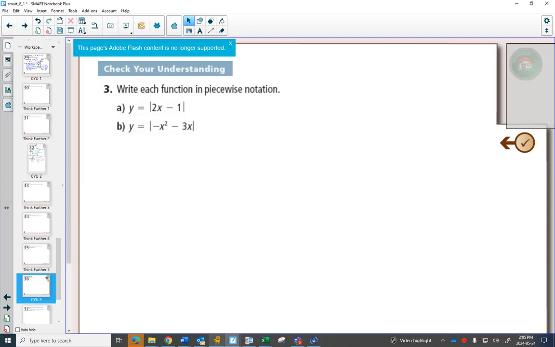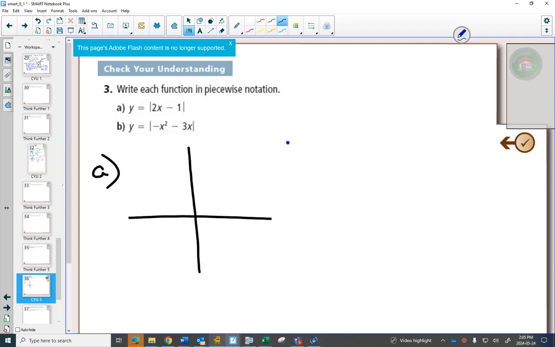And graphically, we sort of have to figure out where's the x-intercept, because that's where the graph flips. So if I first of all graph, in blue, y equals 2x minus 1. Can you see that that would have a y-intercept of minus 1 and a slope of 2?